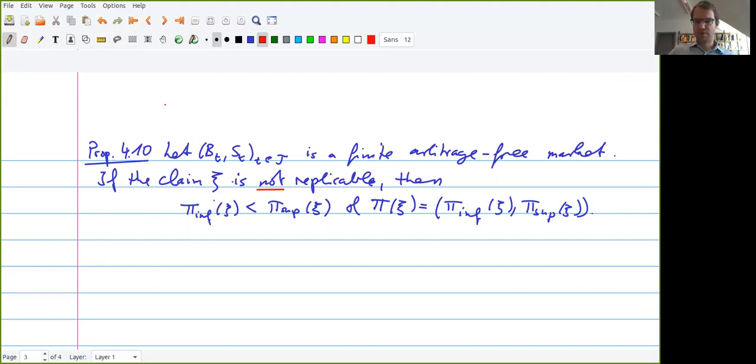So the pi inf and the pi sup, they lead to arbitrage. So they're not arbitrage-free prices anymore. Okay, that's a bit more work, but it seems doable for today.